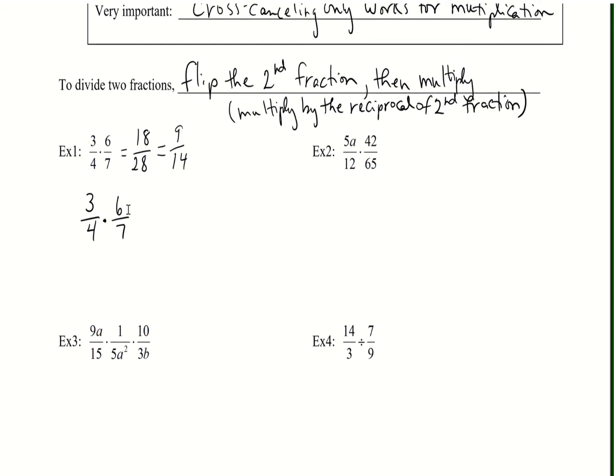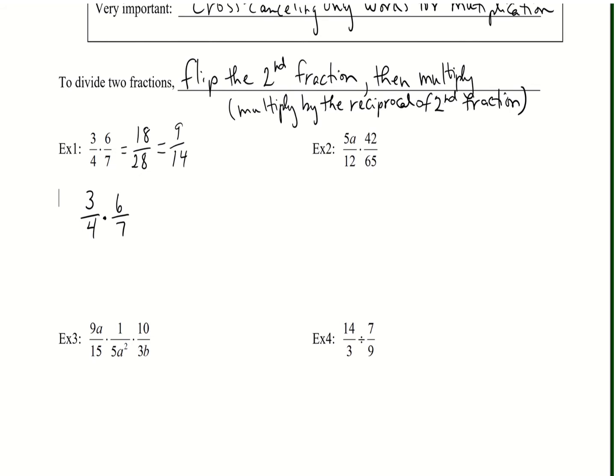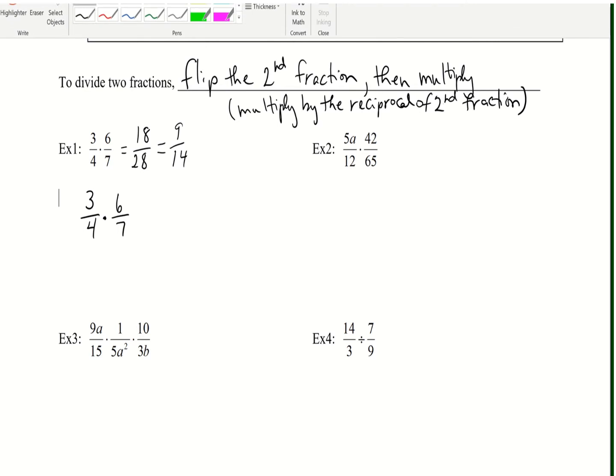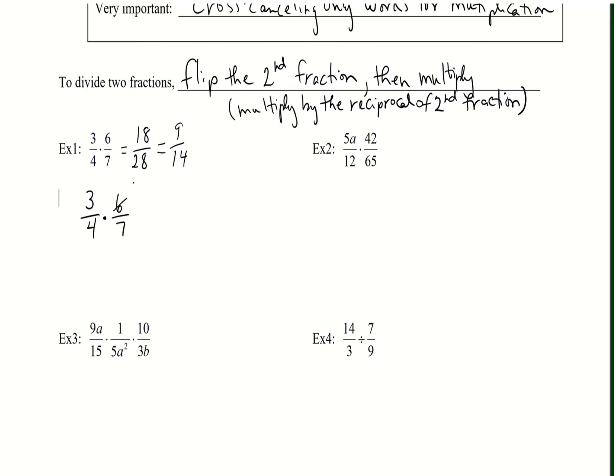So 6 divided by 2 gives us 3, and 4 divided by 2 gives us 2, so we can reduce it by 2. Now we can multiply across: 3 times 3 is 9, and 2 times 7 is 14. So we get to that reducing in the same number of steps, but now we don't have to worry about multiplying 4 and 7 and also 3 and 6 in that numerator.